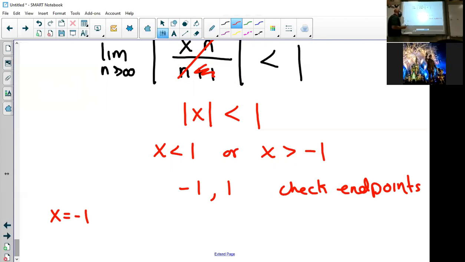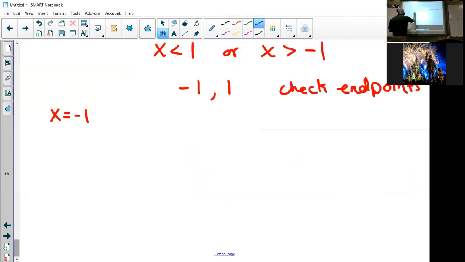If we put that x into our original problem, we get -1 to the n power over n, where n equals 1 going to infinity. Well, what's that going to be?